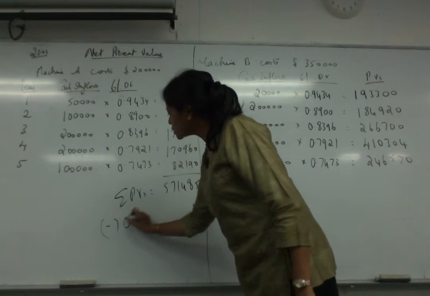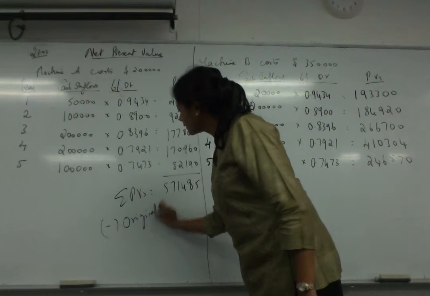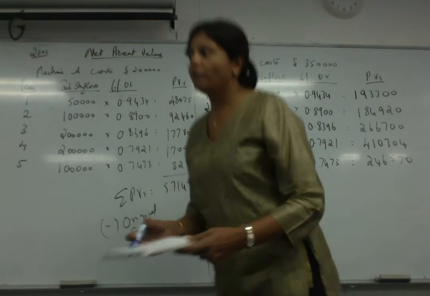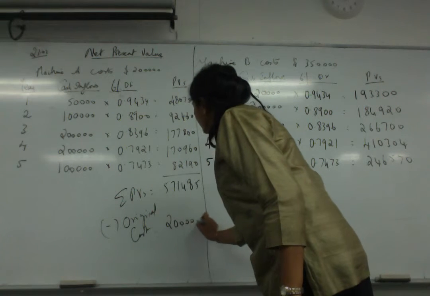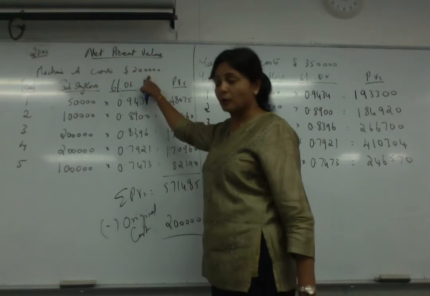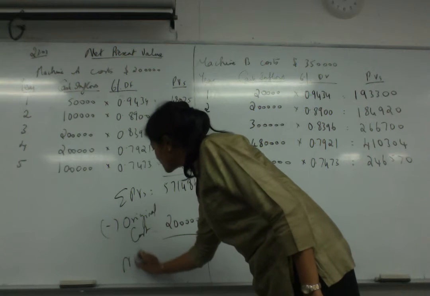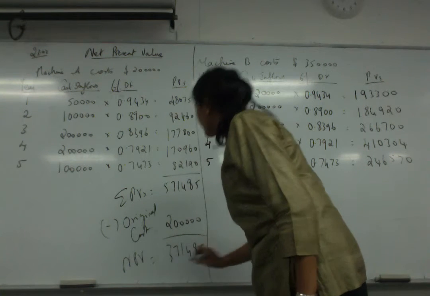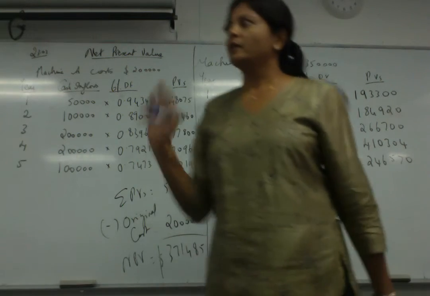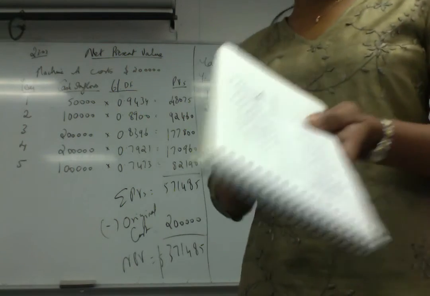Take out the original cost of $200,000, which is that, the original cost. So the net present value is $371,485. So that's the net present value.